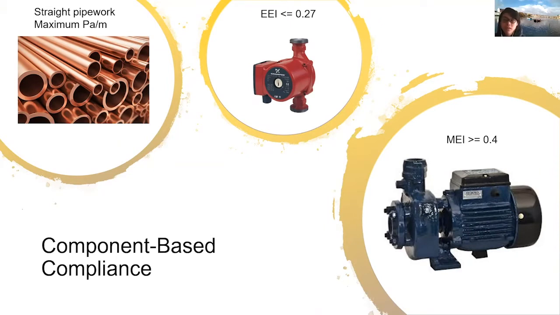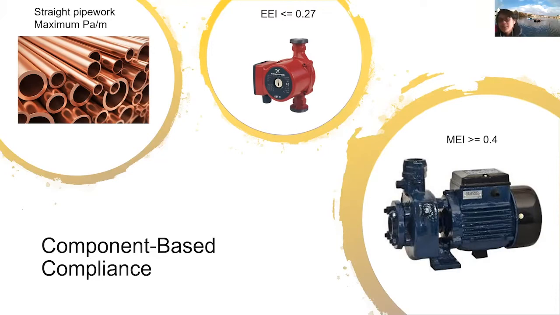It does not include any of your fittings in terms of maximum pressure drops or pressure losses. And it also doesn't apply to straight pipework where your velocity is less than 0.7 meters per second at design flow.